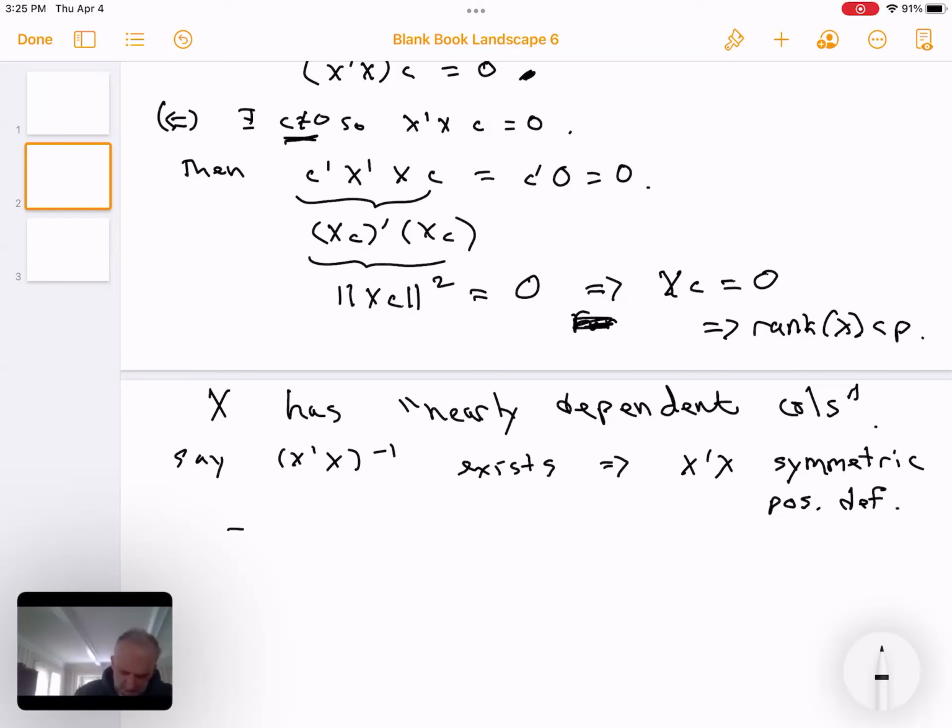And so this implies, by the spectral theorem in linear algebra, that the eigenvalues are positive and the eigenvectors are orthogonal. So X prime X is equal to Q lambda Q transpose, where lambda has the eigenvalues.